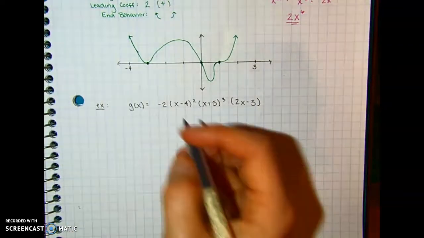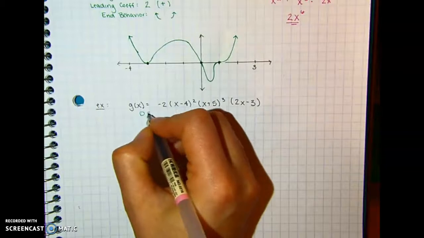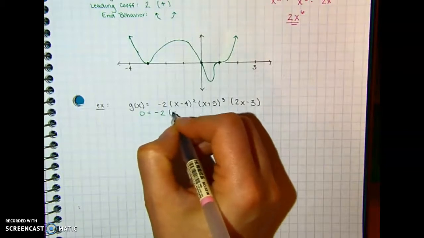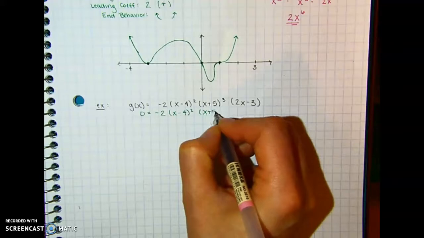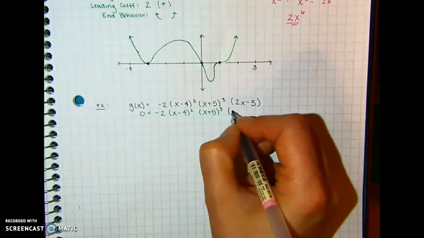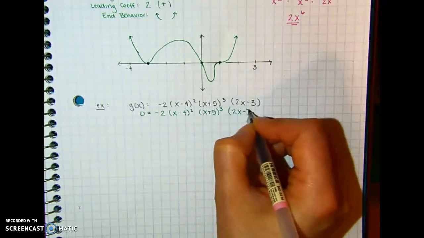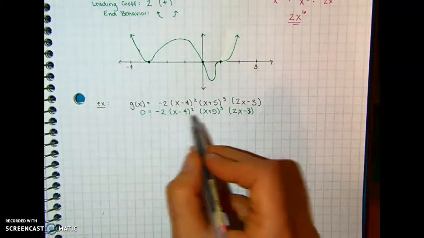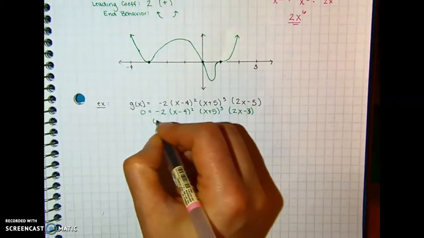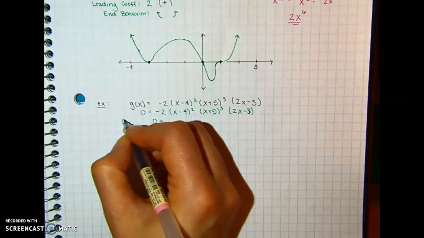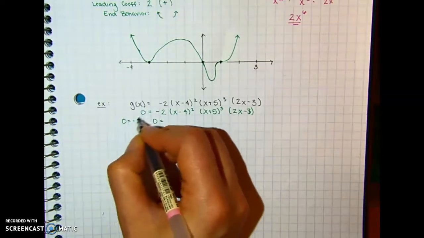solve for those zeros by setting it equal to 0. Set each factor equal to 0, and we can ignore the 2 because there's no x. I mean, if you want, you could not ignore it and be like, well, that doesn't make sense.